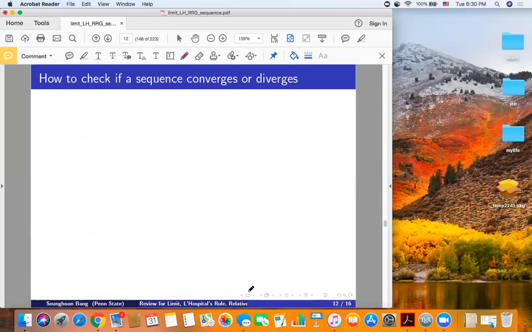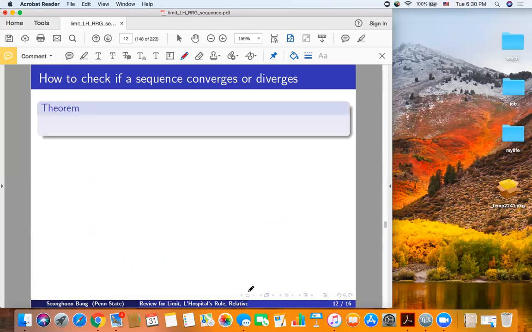How to check if a sequence converges or diverges? How can we check? We can use one theorem. The limit of f of x as the x value approaches infinity is equal to L. So f of n equals a_n, where n is an integer. The limit of a_n is going to be the same number L. This is very clear.